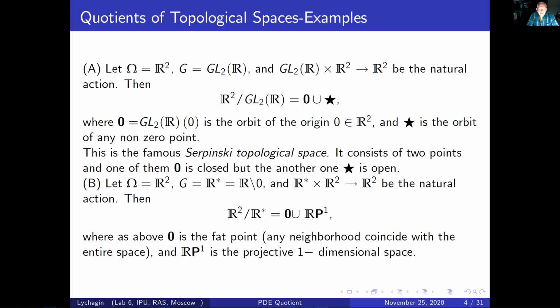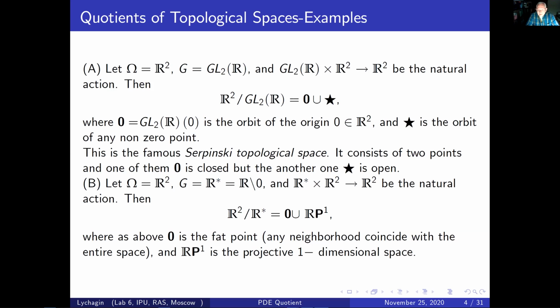So example number one: take the plane R2, take all linear transformations GL2, the natural action, and take the quotient. You will get 2 points. One is the orbit of 0, and the second is the orbit of any non-zero point. The plane is a very nice space, by the way: an algebraic manifold, smooth manifold, analytic manifold, and the group is also very nice, a Lie group, algebraic group, and so on.